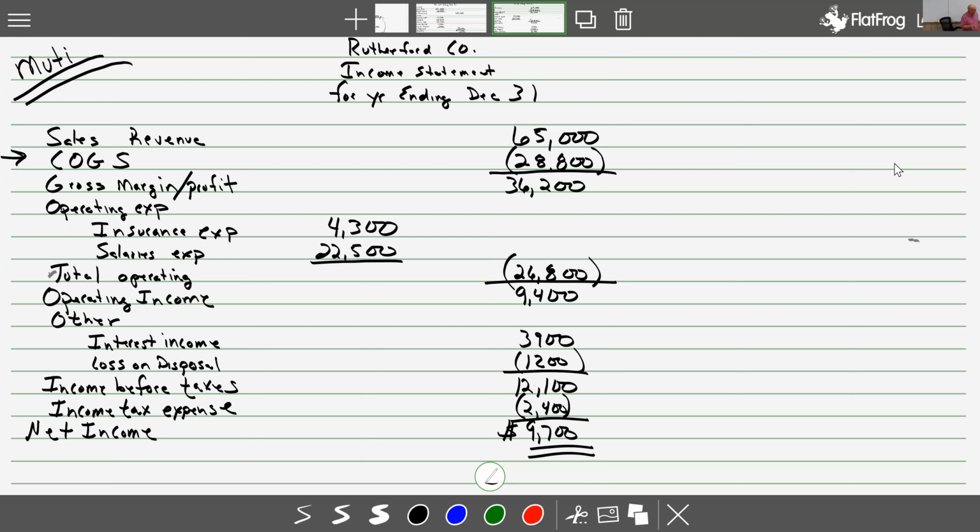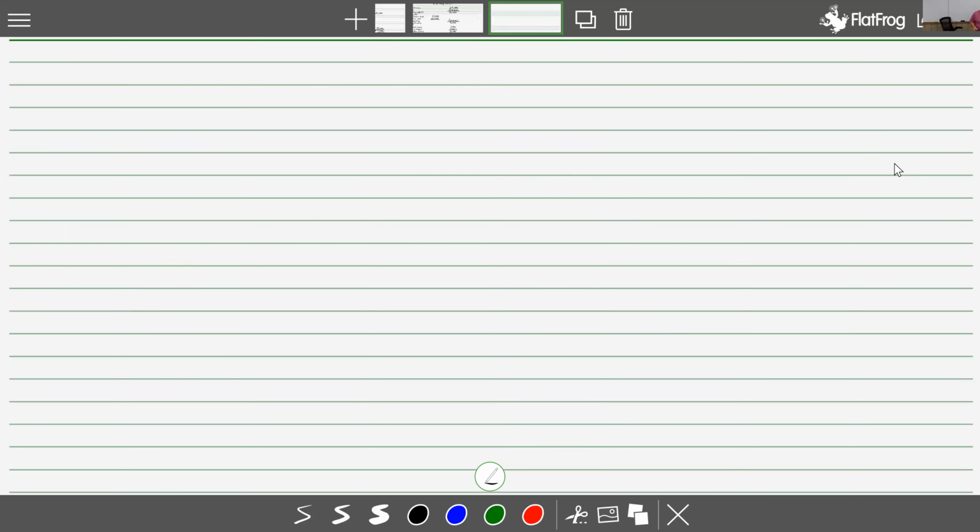All right, on the back side of handout 2 is our last one here. We have Parker Company. Okay, and we were going to make a retained earnings statement. We're going to call this statement of retained earnings.